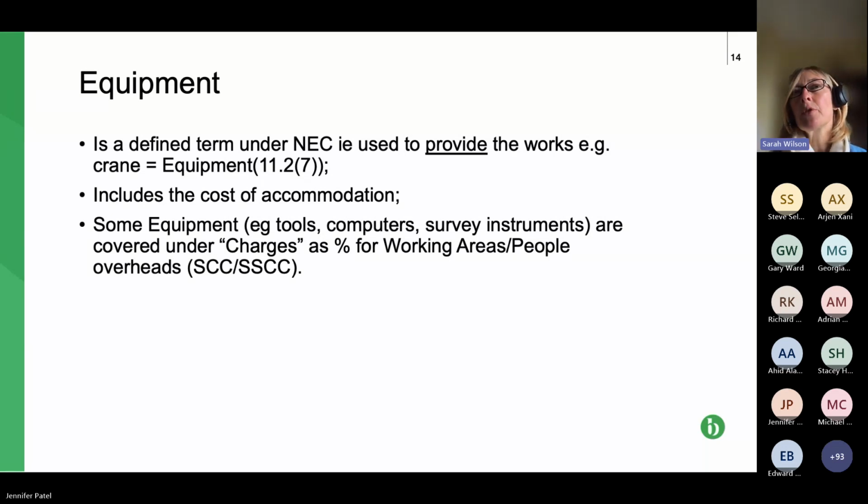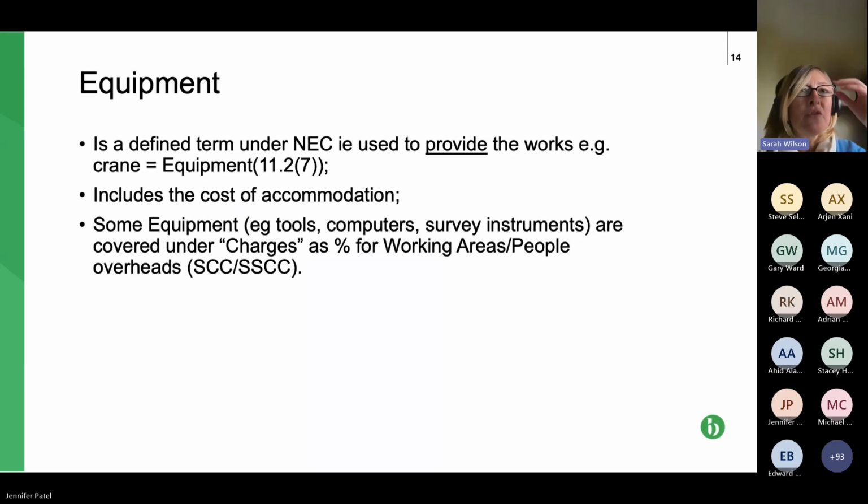It also includes the cost of the site accommodation, but, and this is the third bullet point, some of what you might ordinarily think is equipment is included in that miscellaneous section for charges. So small tools, basically all the stuff that goes in the site cabin, they're all included under charges.